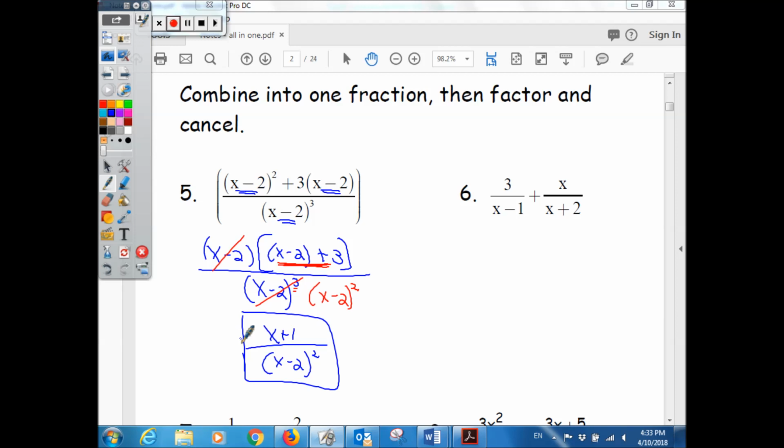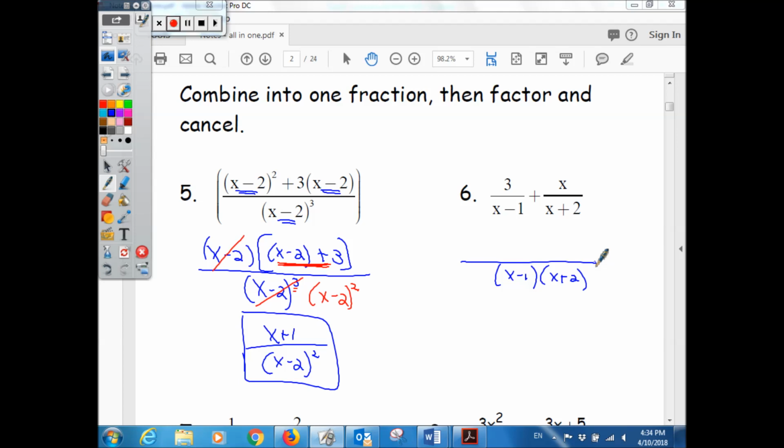So on number 6, we've got a fraction plus a fraction, or a rational expression plus a rational expression. In order to simplify that, we need to first add them together by getting a common denominator, and then see if we can factor and reduce. So my common denominator is going to be x minus 1 times x plus 2.